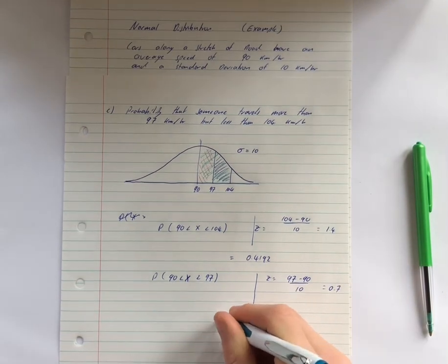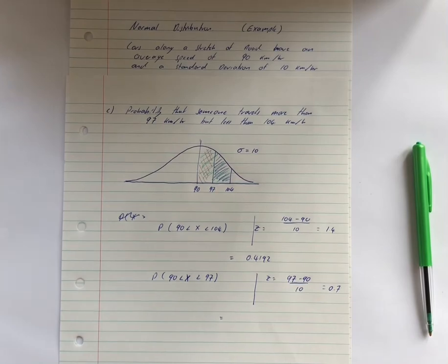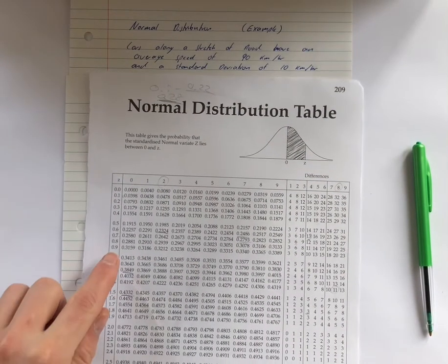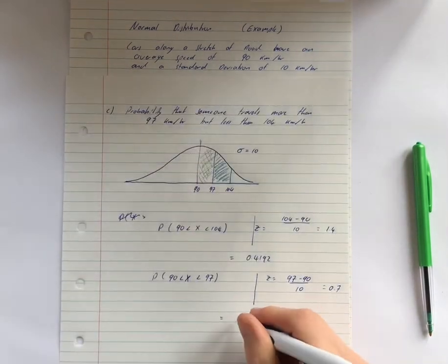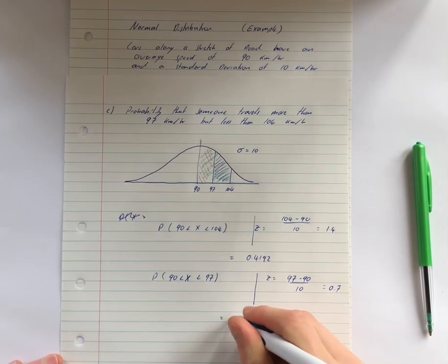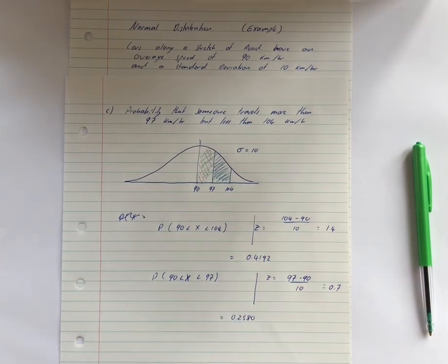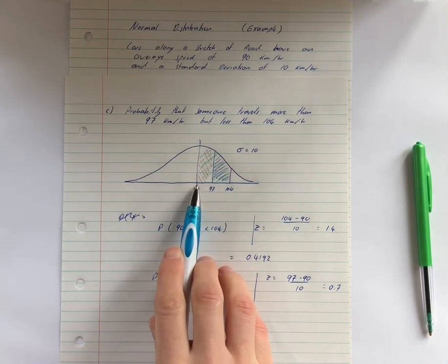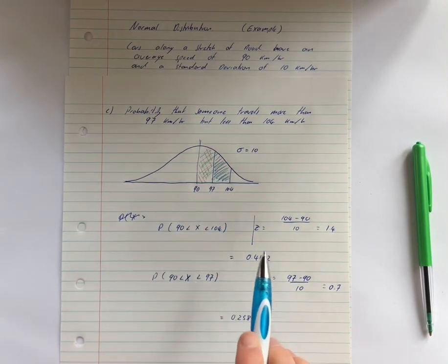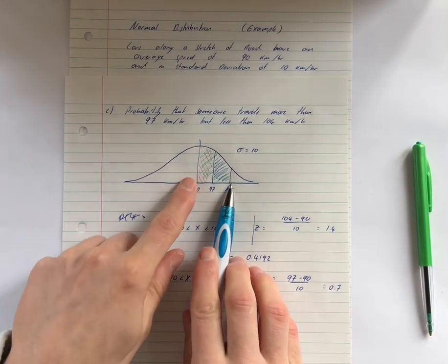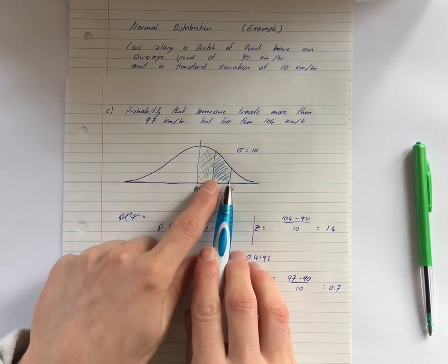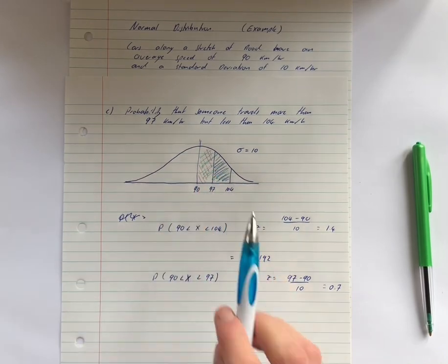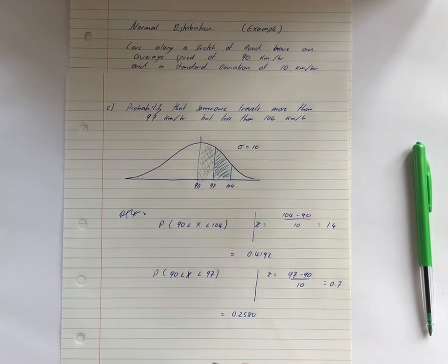And the probability at 0.7 standard deviations is 0.2580. So we've got the probability that someone travels between 90 and 97, and between 90 and 104. We're going to take the 90 to 104 and subtract the 90 to 97. It's going to leave us the probability that someone is between 97 and 104.